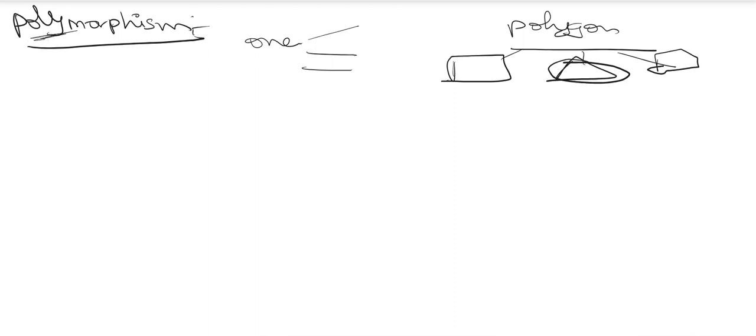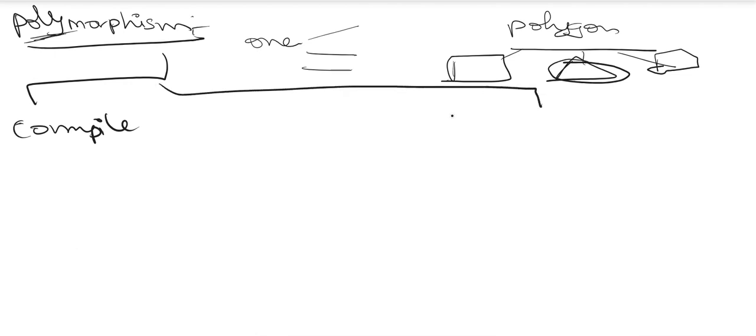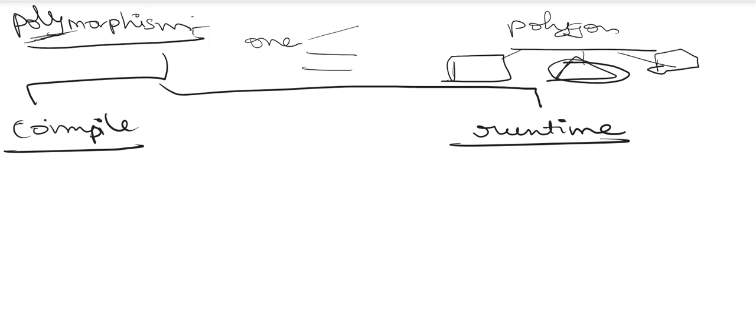Poly is nothing but many. Polymorphism contains 2 types: compile time polymorphism and runtime polymorphism. These are very important, so just look into this.